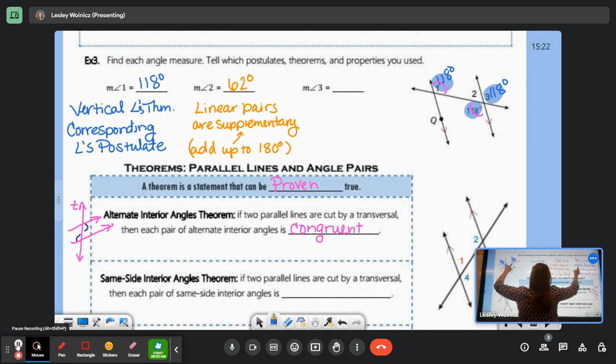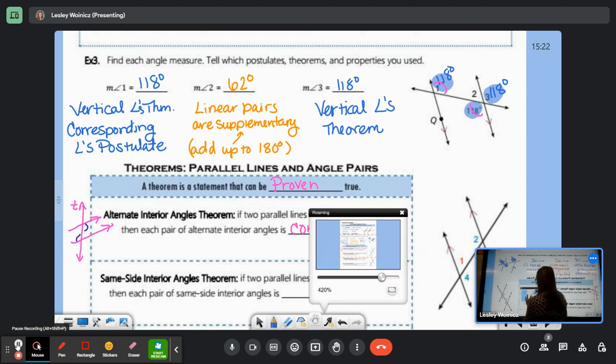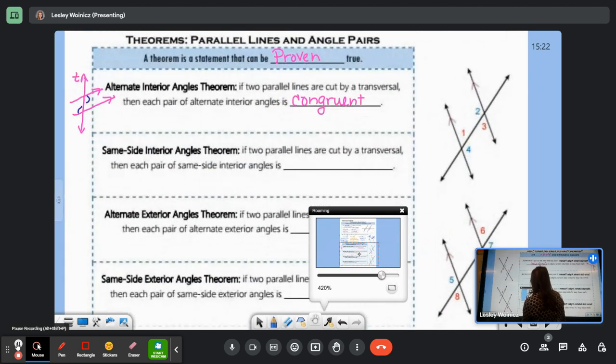Vertical? Yeah, it's the vertical angles theorem. So it's 118. All right, let's do some more fun theorems.